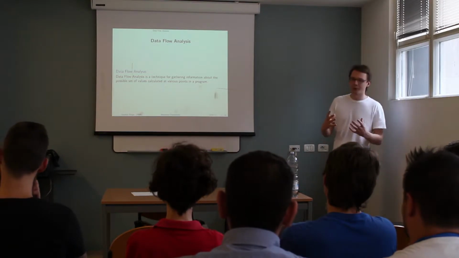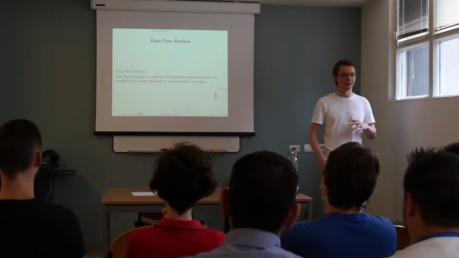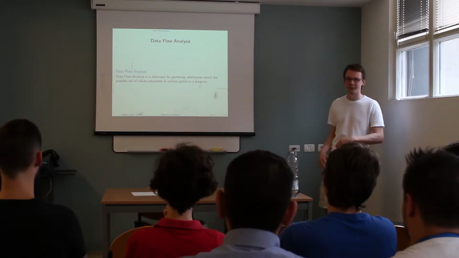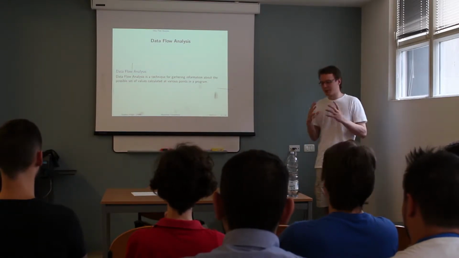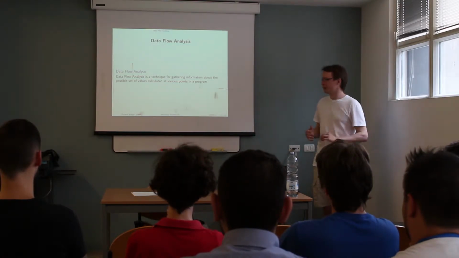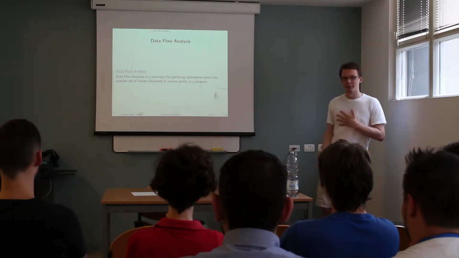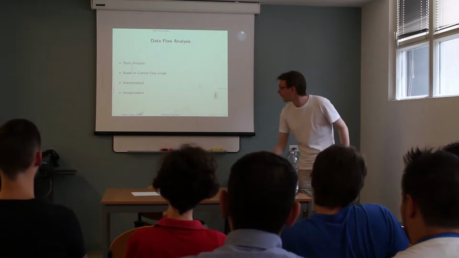And the actual values are not only things like 1, 2, 3, or is the variable 5 or 6, but also things like: is it alive, is it not alive, can you use it, can you not use it? So the meaning of value is not only a number, but can also be different things.